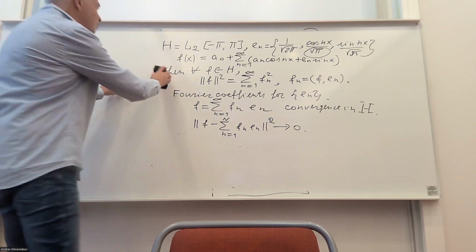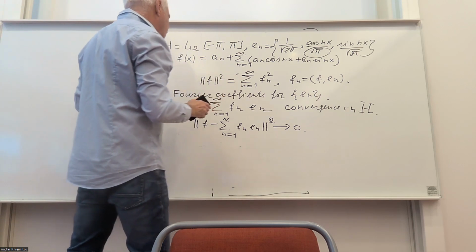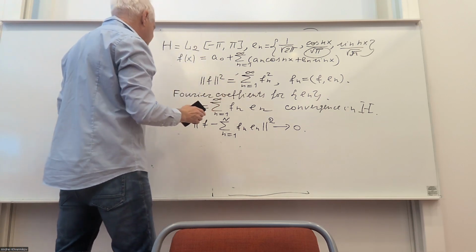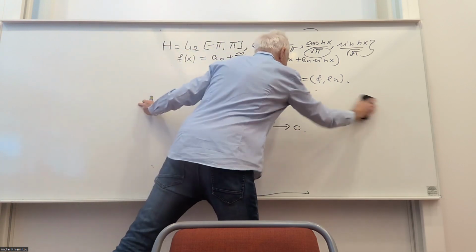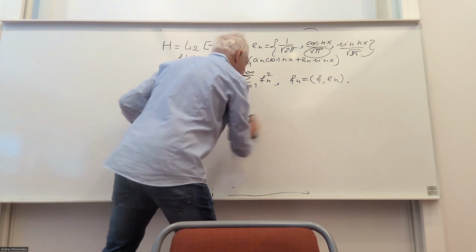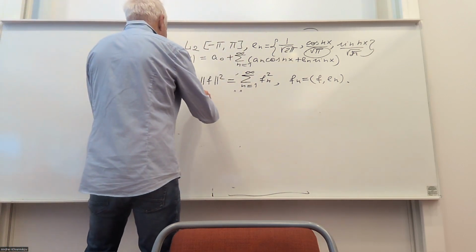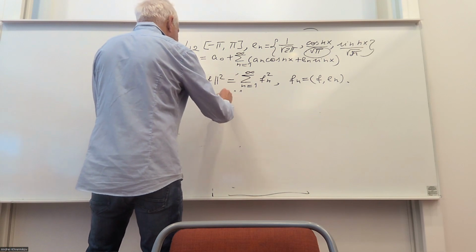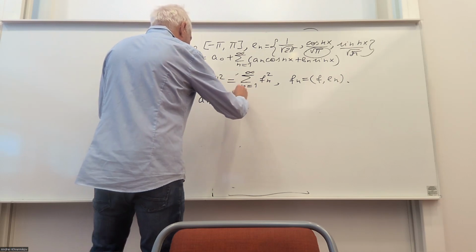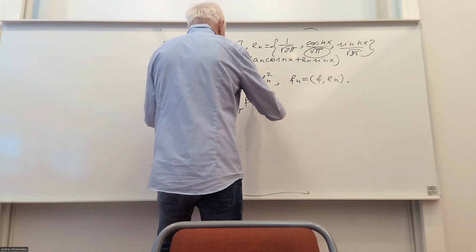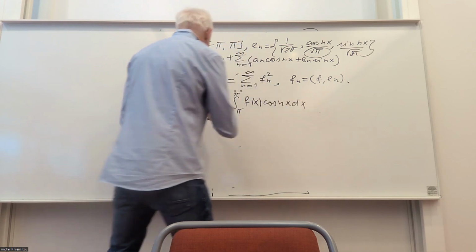Now, how to calculate these coefficients? We wrote the formulas. An is equal to 1 over pi times the integral from minus pi to pi of f(x) cosine nx dx.